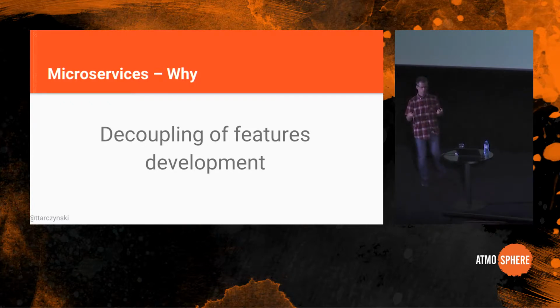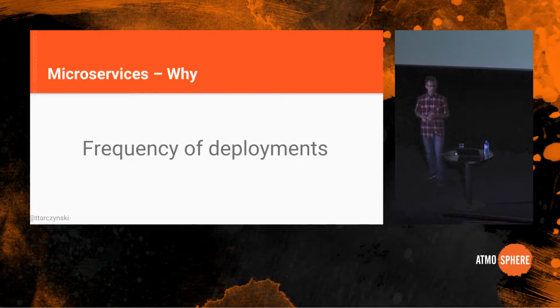So when a developer finishes the work on one feature, they should be able to just deploy it, and not wait anymore for different team members. Frequency of deployments should go up.